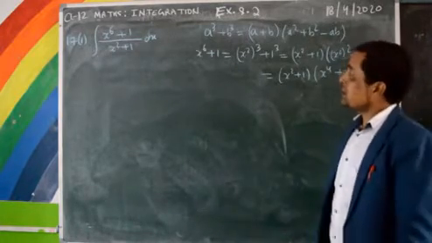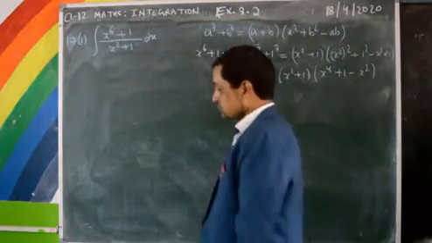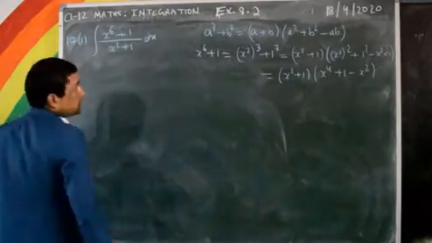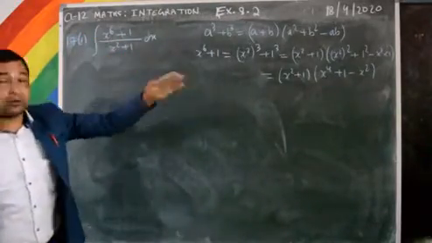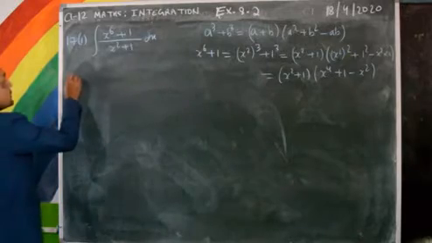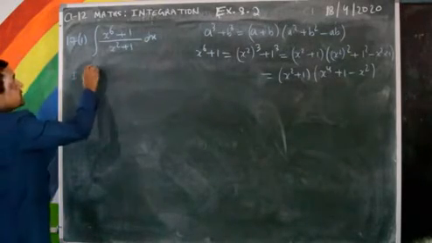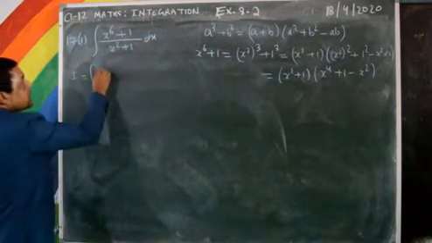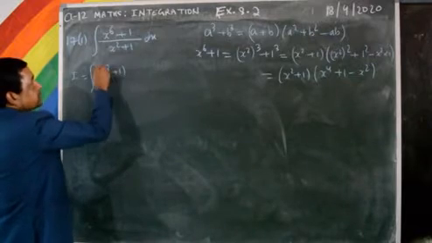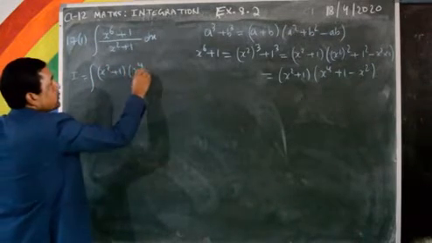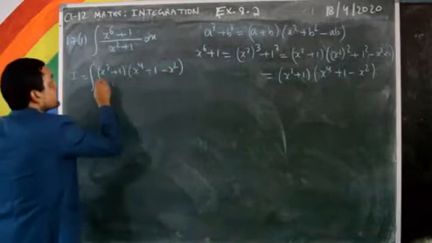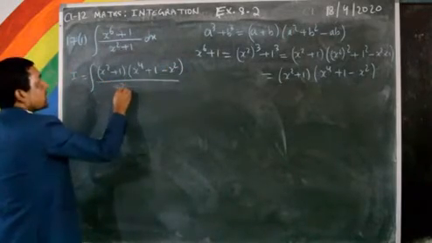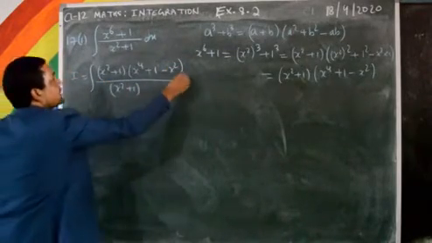Now replace this numerator by its formula. I equals, in place of the numerator we are going to write x square plus 1, then x to the power 4 minus x square plus 1, divided by the denominator x square plus 1 dx.